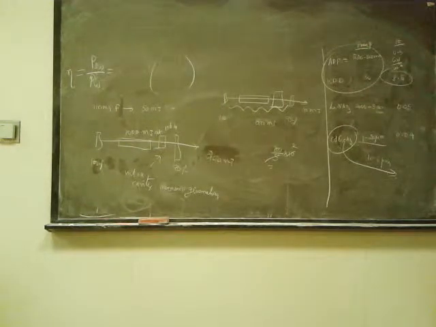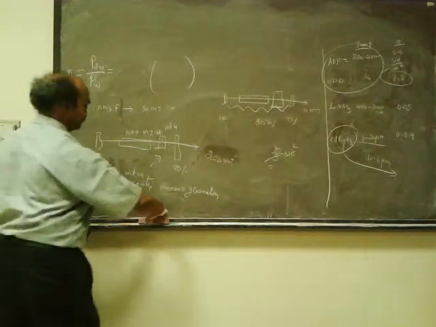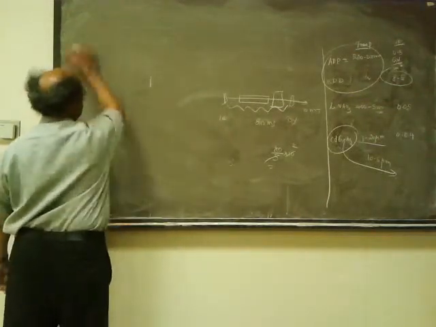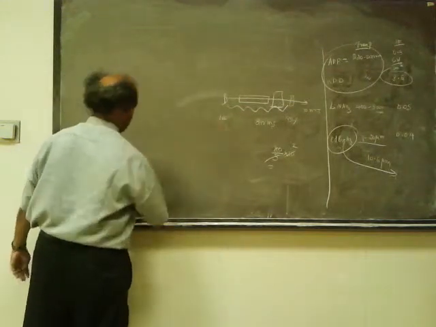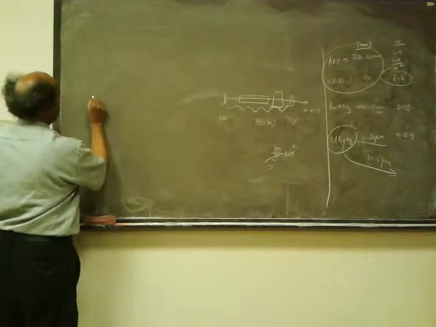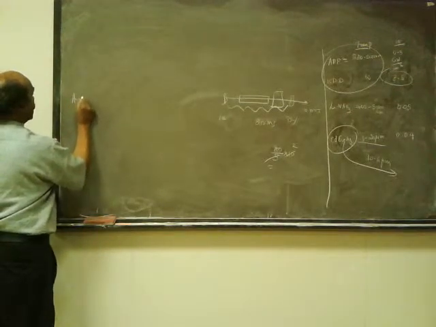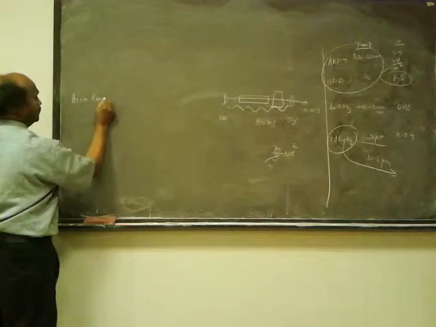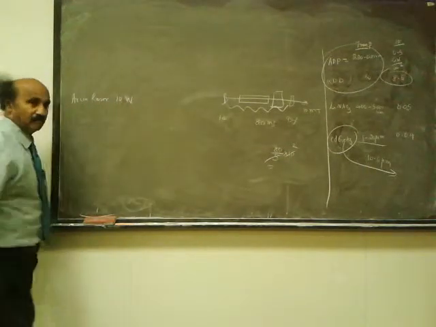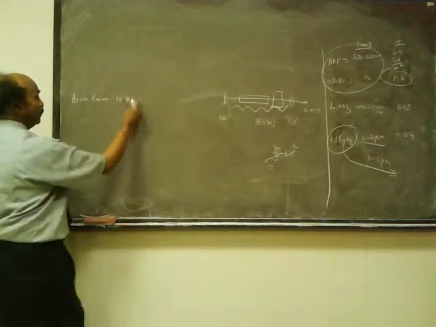That's all about it. Let us go to the next interesting thing. Next interesting thing is this. Look at this one. I start with an argon ion laser, 10 watt CW.